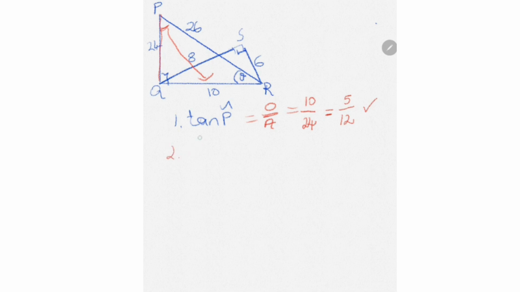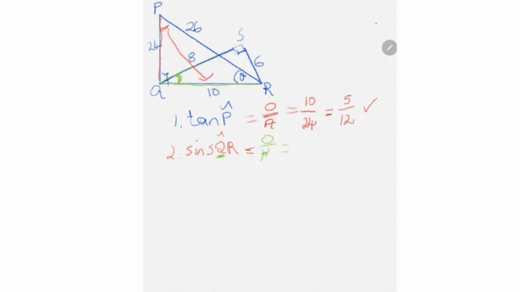Secondly, we are required to find sine of SQR. Let's determine where sine SQR is. It's this angle here, the letter that is between S and R. We know that sine is opposite over hypotenuse.